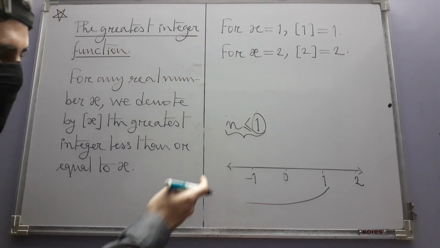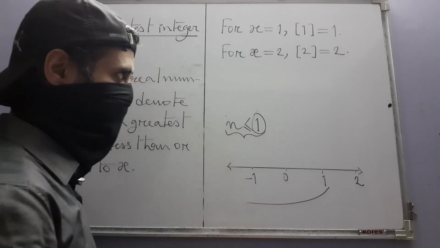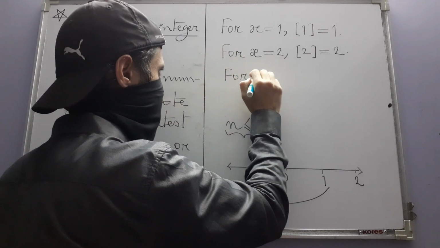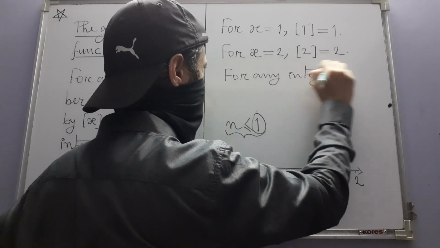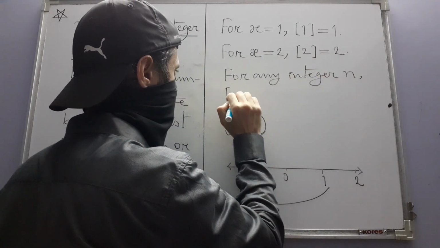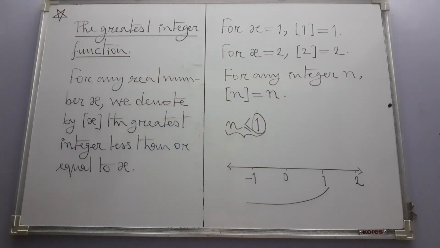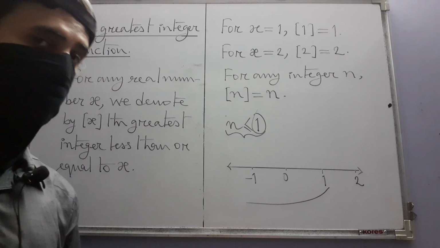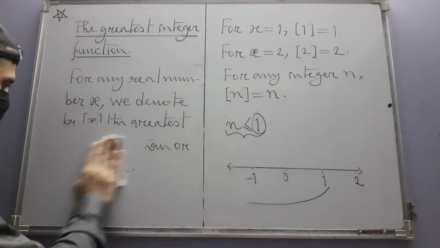And repeating this process with every integer, in fact with 0 and even with negative integers, you come to the realization that for any integer n, its greatest integer value is n itself, right? But our x is not always an integer, right? x can be fractional also. What will happen then?